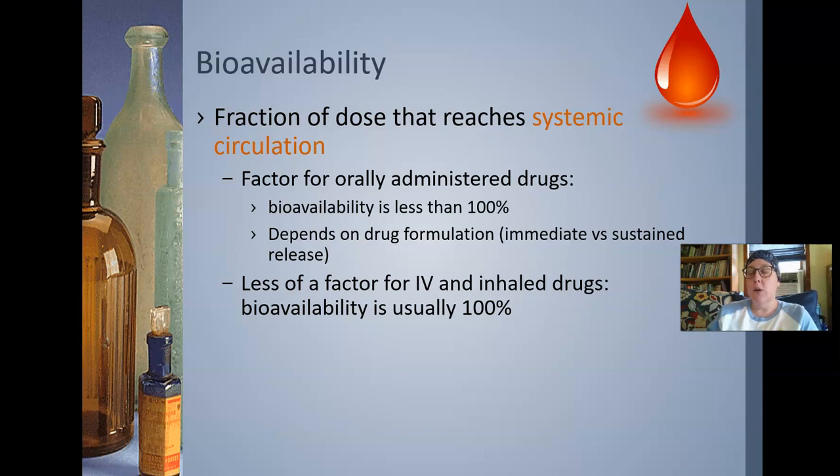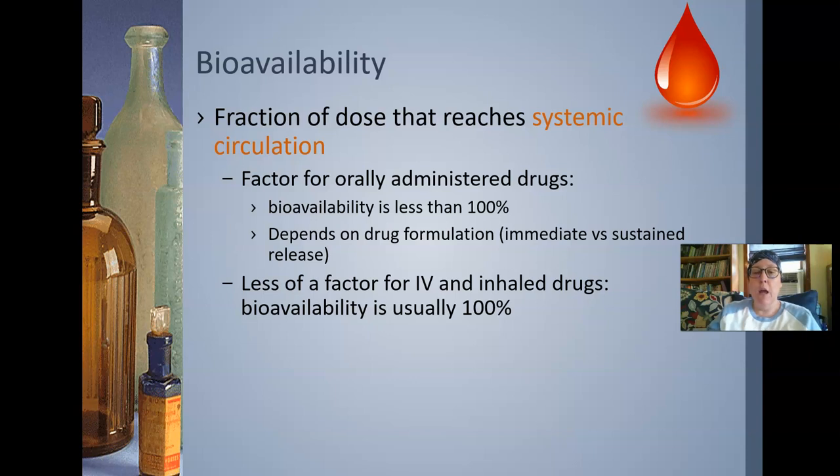And it also depends on the formulation of the drug. Is it an immediate release or a sustained release? So is it meant to get into your system and peak and then go down, or is it meant to just slowly release into your system?